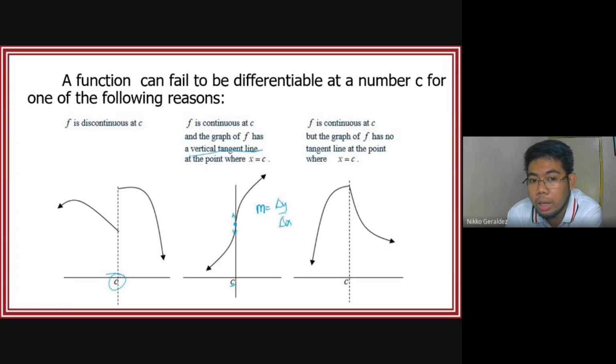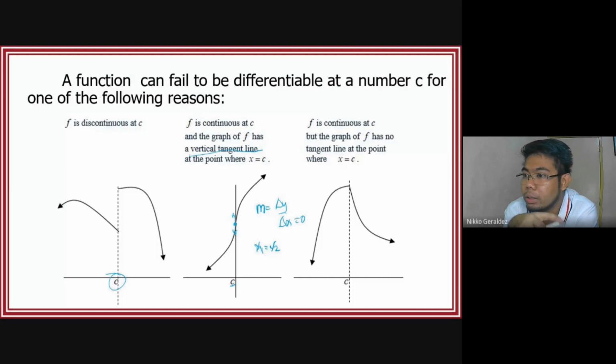If your line is vertical, your x sub 1 is equal to x sub 2, because your x does not change. So delta x is 0, and you have 0 in the denominator, so that is undefined. So when there is a vertical tangent, it is not differentiable. Continuous but not differentiable, because it has a vertical tangent line.